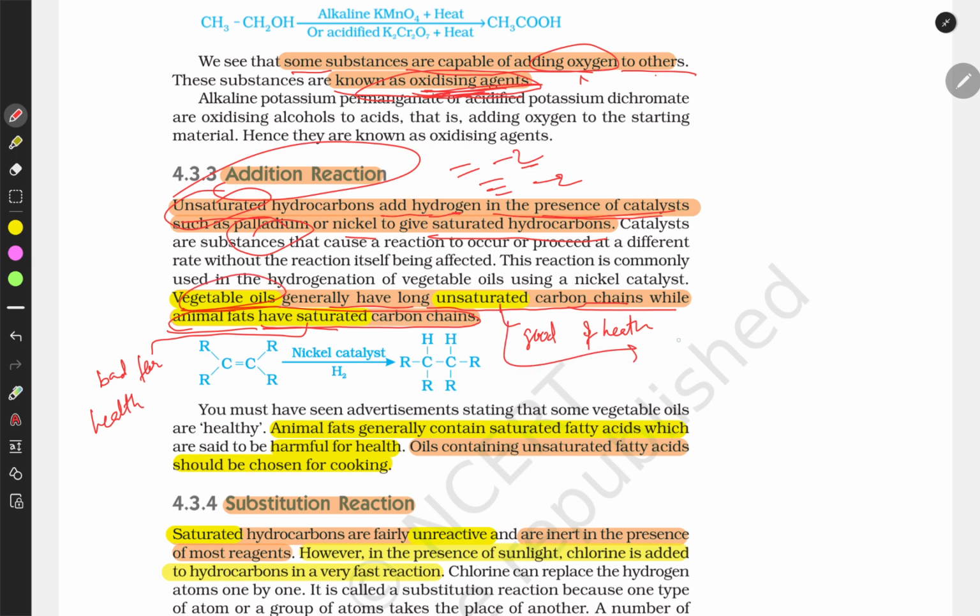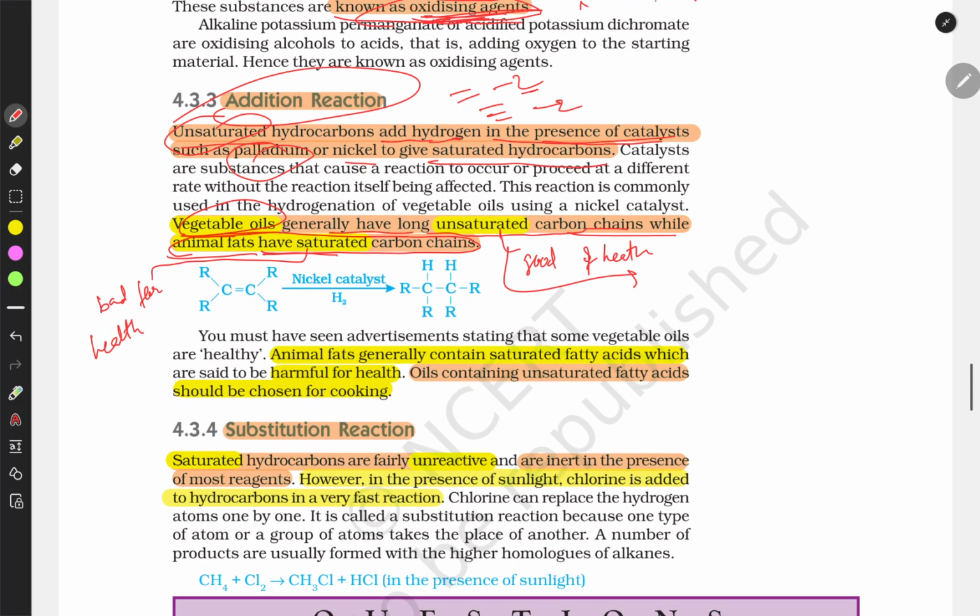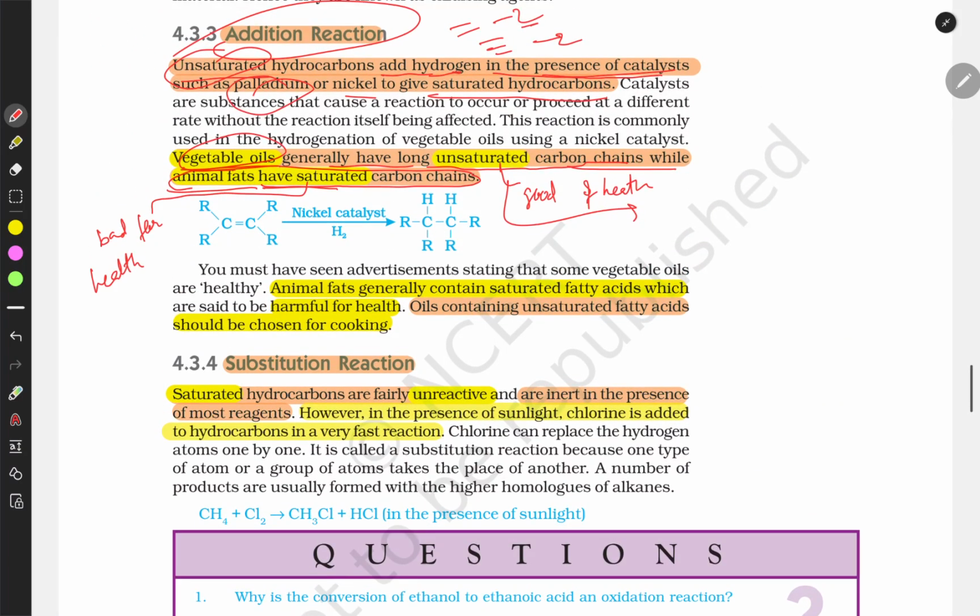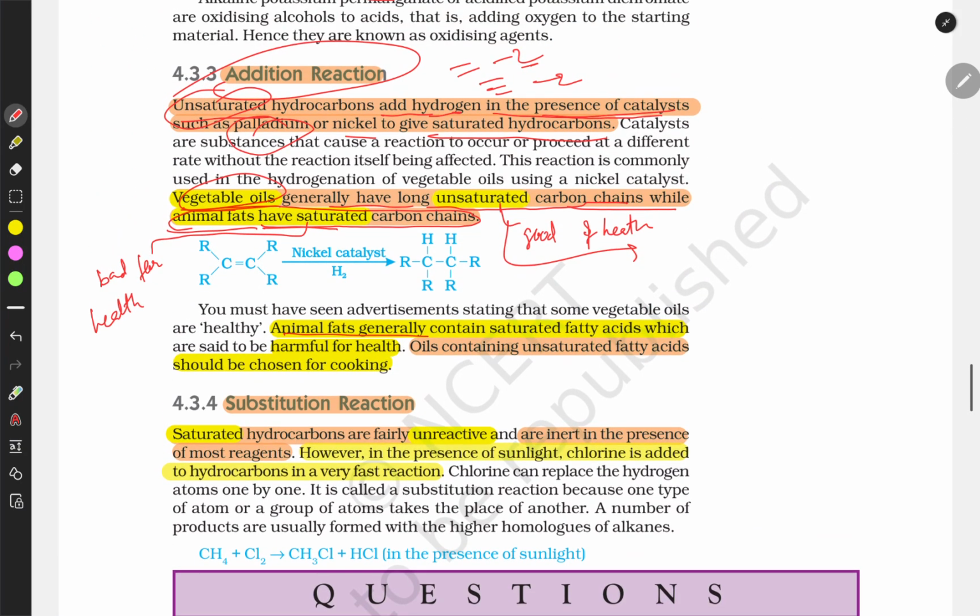These are oils like sunflower oil. Animal fats generally contain saturated fatty acids, which are said to be harmful for health. So animal fat is harmful, while oils containing unsaturated fatty acids should be chosen for cooking.